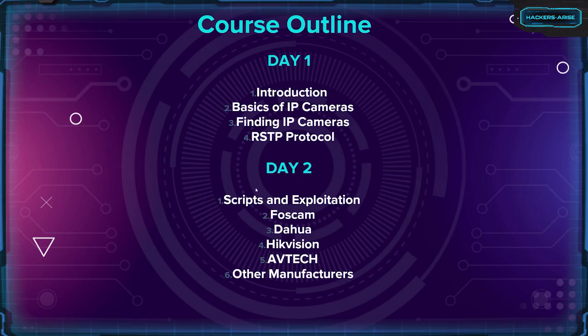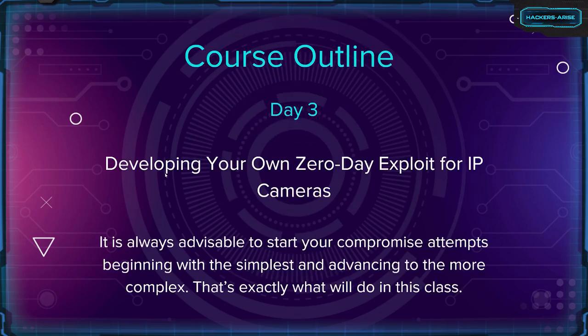Day 2, tomorrow, we'll look at some scripts and exploitation. We'll look at the Foscam cameras, one of the many manufacturers, Dahua, Hikvision, Avtech, and some other manufacturers as well. And day 3, we'll look at developing your own zero-day exploit for IP cameras, right?